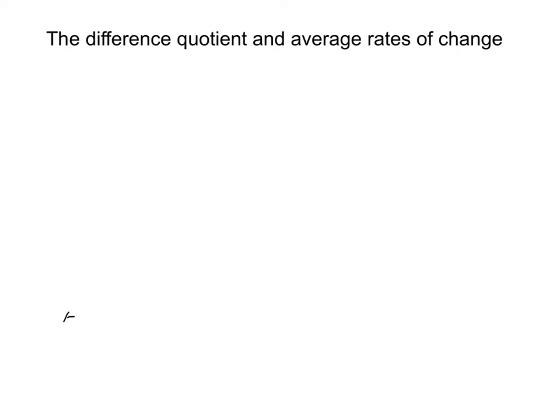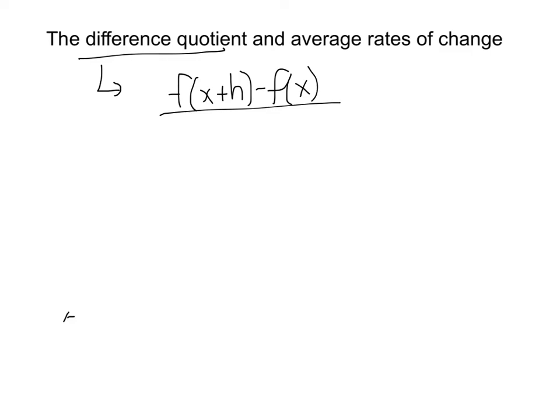The difference quotient is what I want to focus on just a little bit more. So the difference quotient, it's this formula, f evaluated at x plus h minus f of x, all over h. So what I thought we would do is we'd look at some examples, and I might only do one right now when we can do more in class.